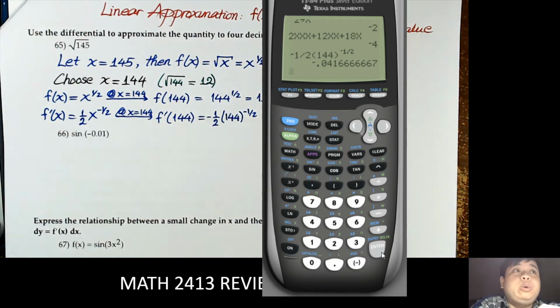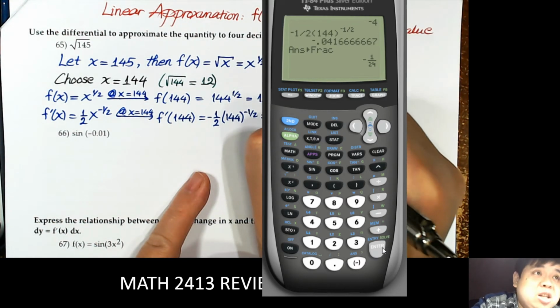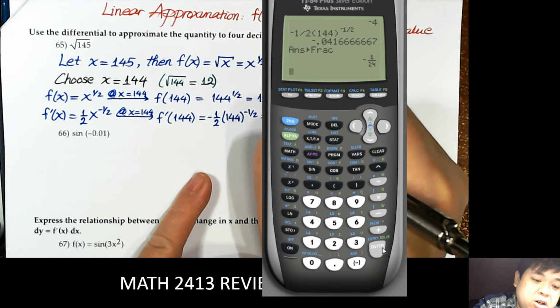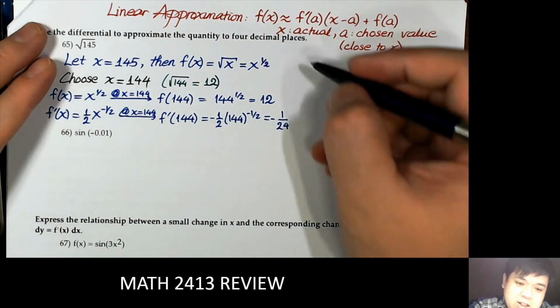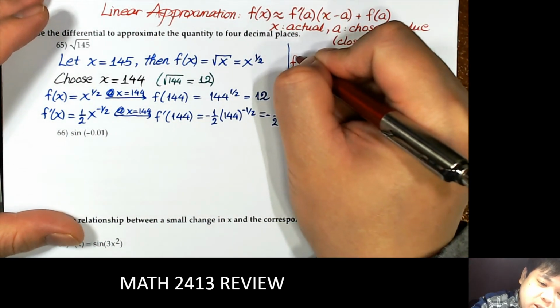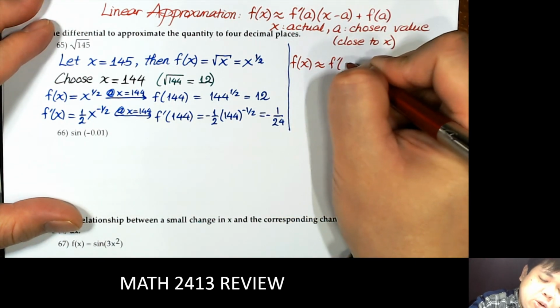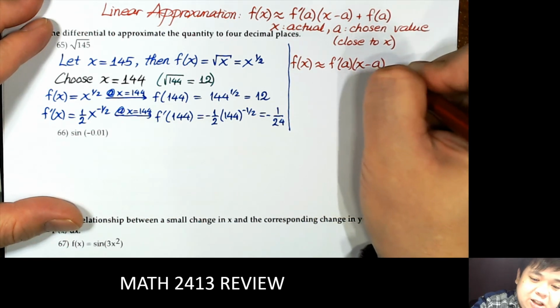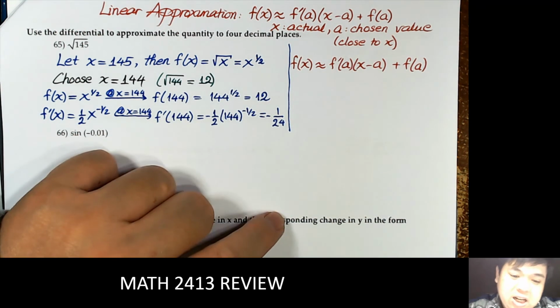Usually we prefer to have a fraction, but on this problem, since it is a problem of approximation, we can just take the decimal, a bunch of decimal places. But anyway, I'll use a fraction, negative 1 over 24. Then go back to the linear approximation formula. The value of the function is approximately equal to the derivative at the point, times x minus the point, plus the function at the point. The point is something that is easy to evaluate.